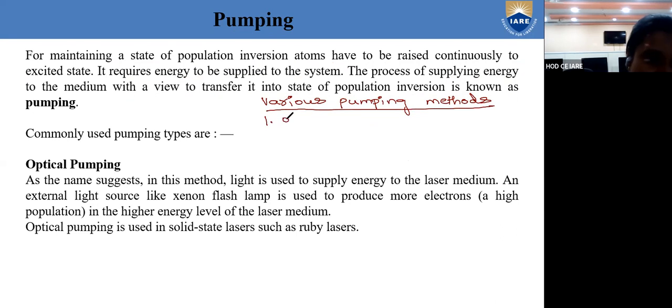First method is optical pumping. You note down these methods. And second one is electric discharge. And third one is atom-atom collision.